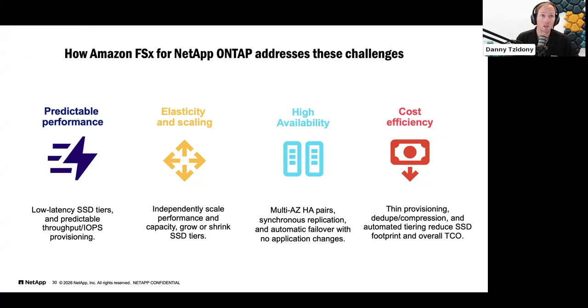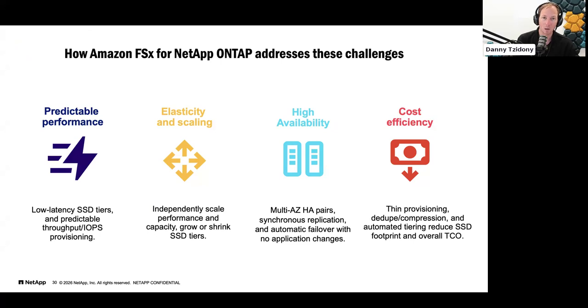So with that, to summarize what we've learned today about FSx for ONTAP. First of all, it comes with predictable performance, with our low latency, our SSD tiers, and predictable throughput, everything based on the state-of-the-art infrastructure in AWS.